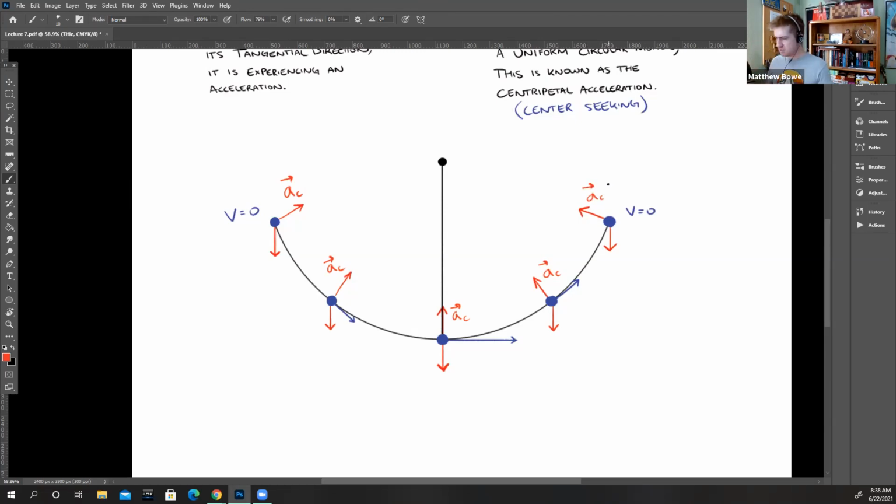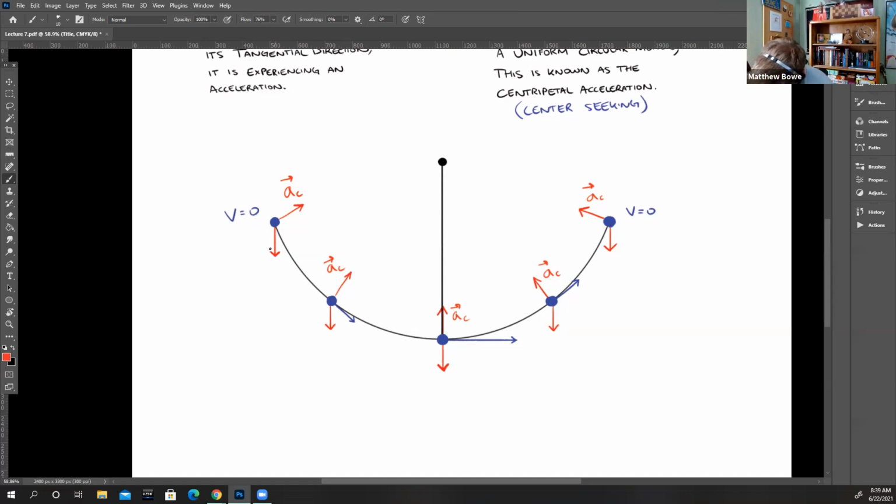These are vectors. The ones on the bottom, those are from gravity. That's always going to be pulling down. Think on a swing set, every point on your swing, gravity is trying to make you accelerate downward.